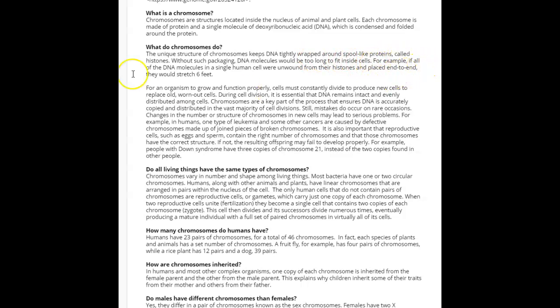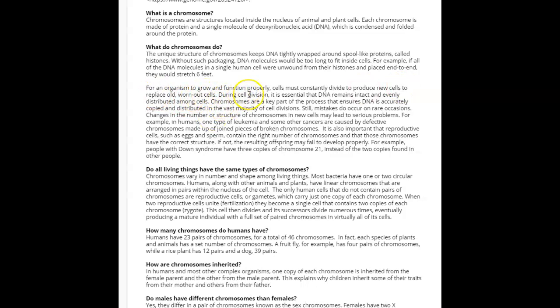For example, if all the DNA molecules in a single human cell were unwound from their histones and placed end to end, they would stretch 6 feet. For an organism to grow and function properly, cells must constantly divide to produce new cells to replace old, worn-out cells.